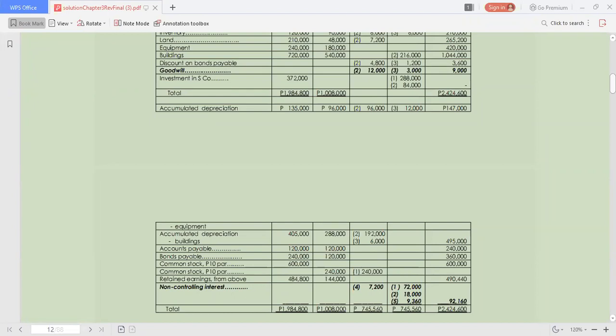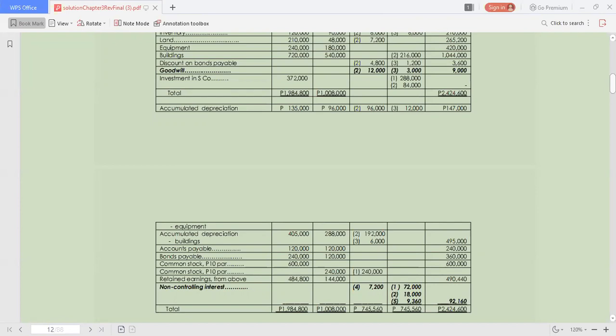Now, for the accumulated depreciation of the buildings, initially we have 405,000 and we are adding 288,000, and then we deduct 192,000 and 6,000, leaving us 495,000.